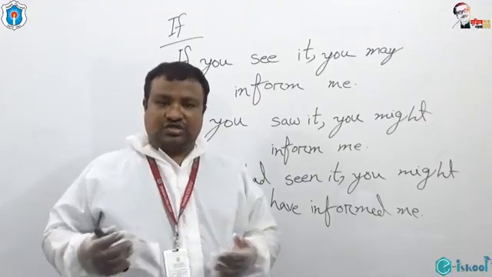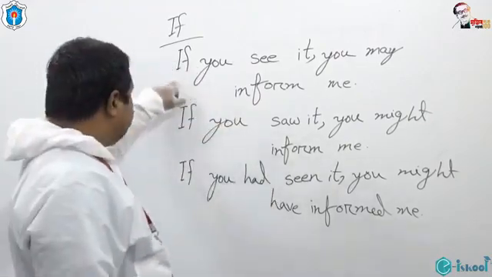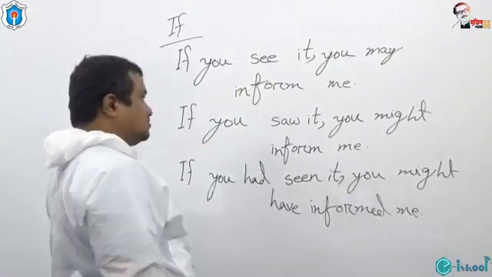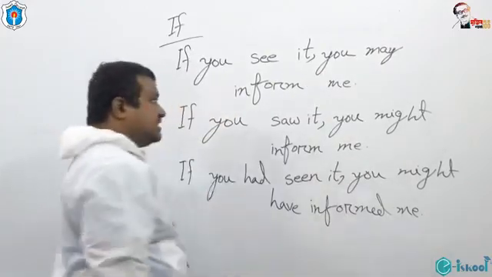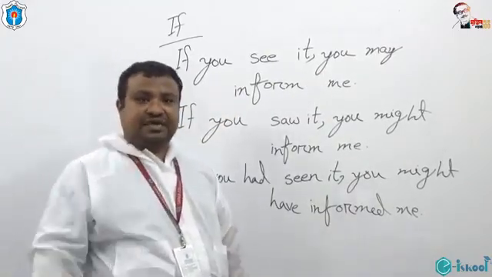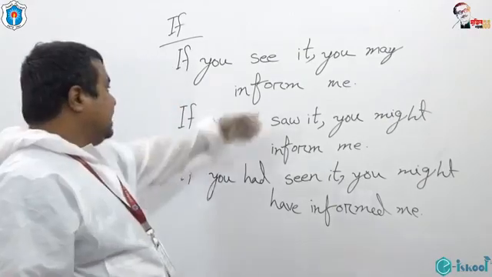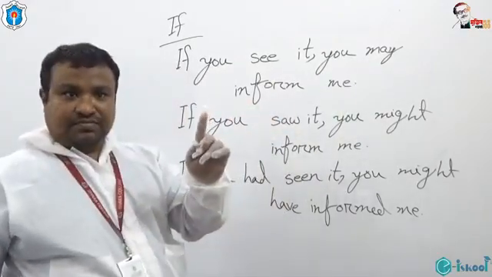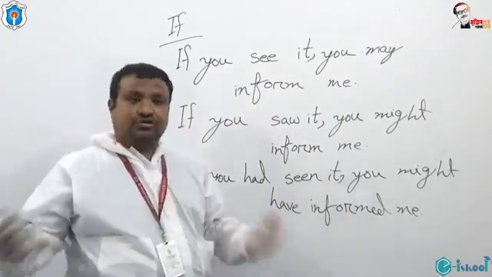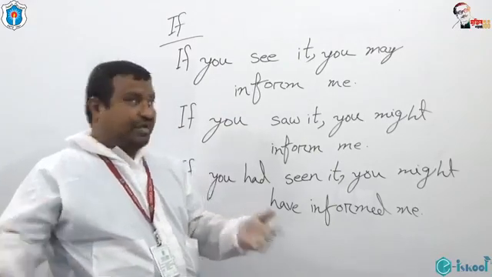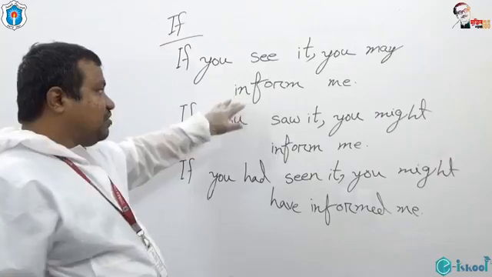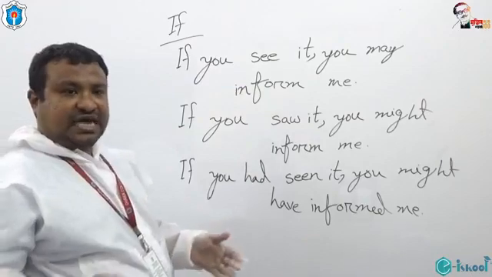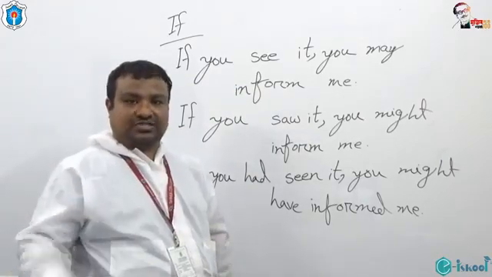So if the clause which has this word if is in simple present tense, then the other part, that is the principal clause, will use may or can, or we can use will. May, can, will. If you see, you may inform me, you can inform me, or you will inform me. It depends upon the particular meaning, particular context of the sentence.